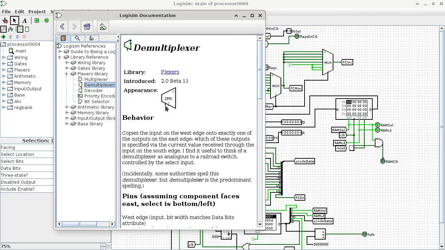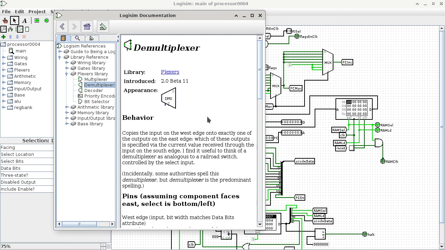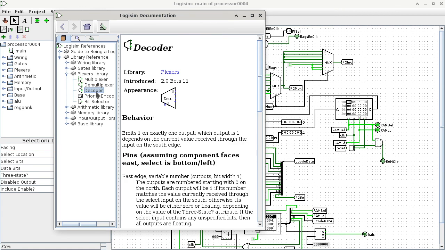And this pin here, once again, is the enable pin, which means if it is a 0, none of the outputs connects to the input pin. And of course, the description also describes that. So the multiplexer and demultiplexer are pretty easy to understand once you understand what they are supposed to do. A decoder resembles one of those two. Which one does it resemble? Does it resemble a multiplexer or a demultiplexer?